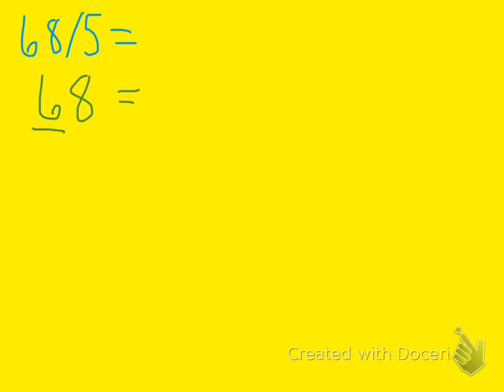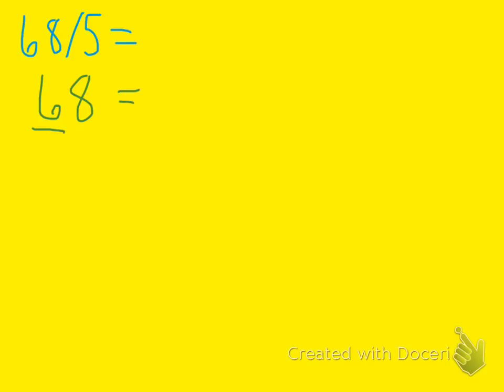We could do 35 plus 30 plus 30 plus 3 equals 68. Because we're dividing by 5 though, because our divisor is 5, I'm going to break this into numbers that are multiples of 5.